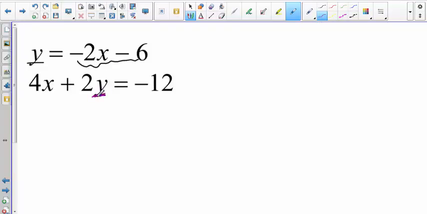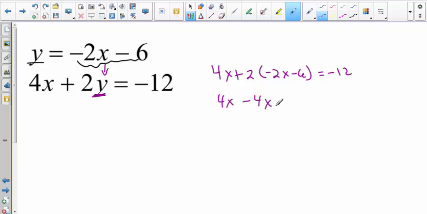So in the other equation, here's our y, we're going to substitute all of that in for y. So we've got 4x plus 2 times negative 2x minus 6 equals negative 12. So we have 4x minus 4x minus 12 equals negative 12.